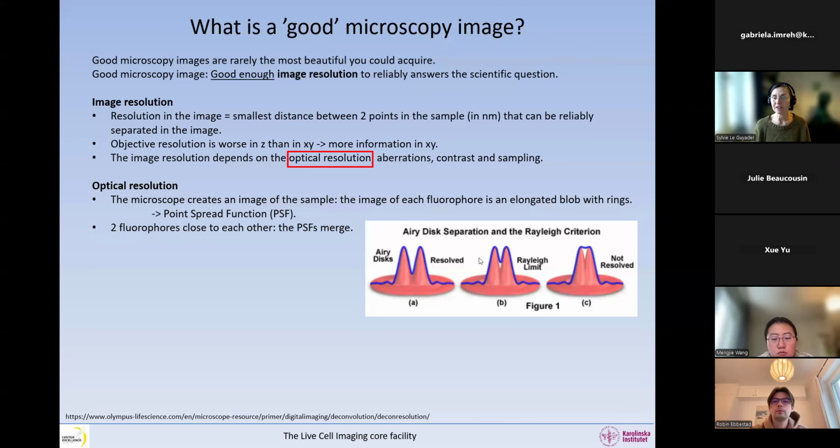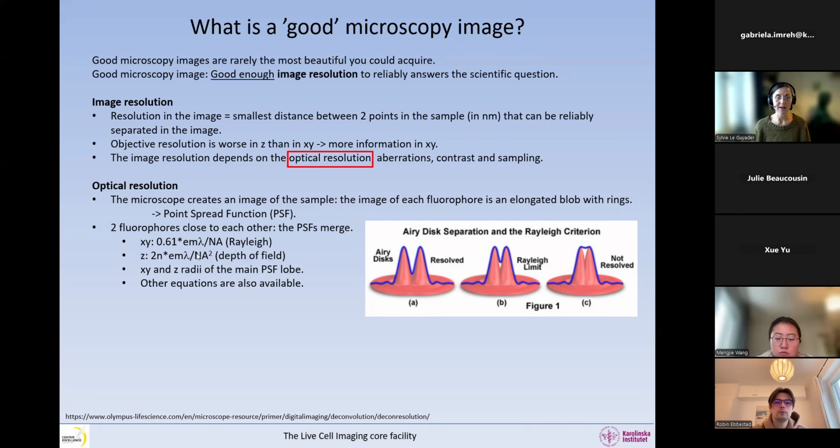And the limit of this resolution is the Rayleigh limit, which is the one that we are using, 0.61 lambda emission lambda, that's the one we have decided to use for this course, divided by numerical aperture, and this is for XY, and this corresponds to this dimension and this dimension. So the radii of the whole point spread function, which is actually double what we're seeing here. It's a big blob.